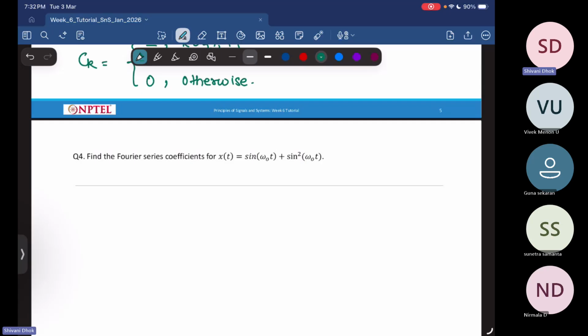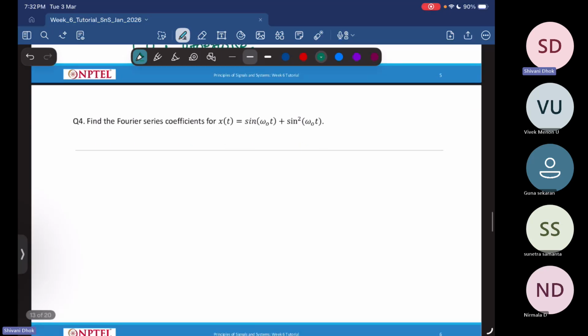So here what you have to do, again find the Fourier series coefficients. We'll again use the x of t equal to summation of linear combination of your harmonics kind of trick. So here your x of t is sine of omega naught t plus sine square omega naught t.